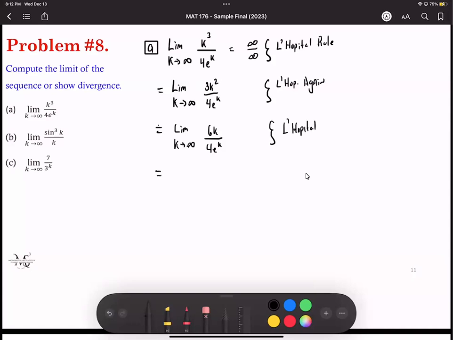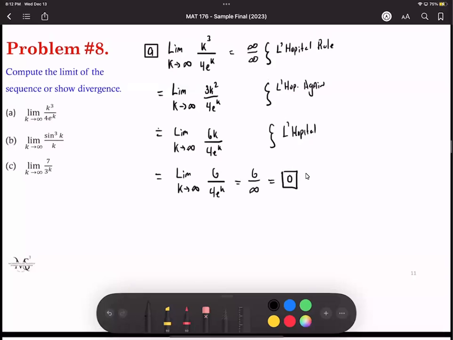Now we have the limit as k approaches infinity of 6 over 4e to the k. If you evaluate this limit, you have 6 over infinity, which represents a really small number, so this limit goes to 0. That is the solution to part A. This was a case where you had to use L'Hopital's rule a couple of times, at least 3 times.